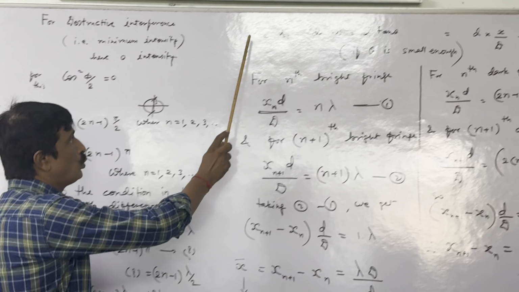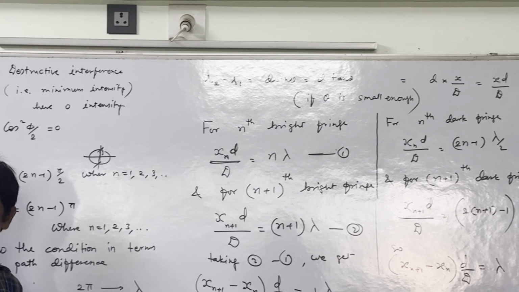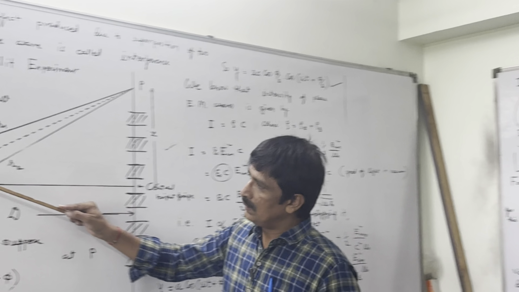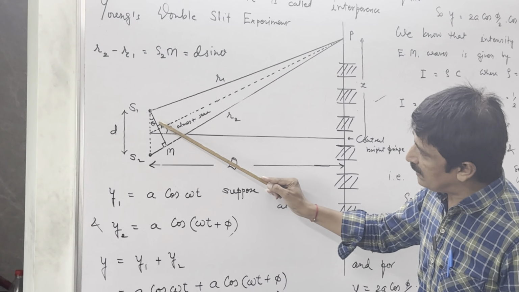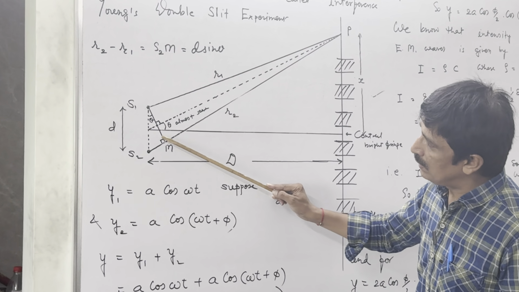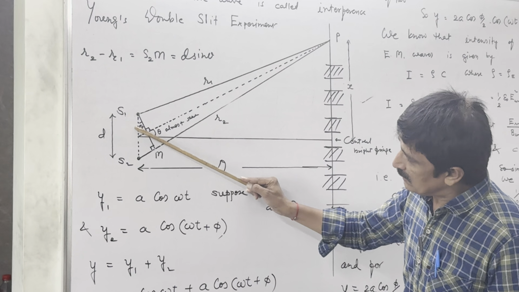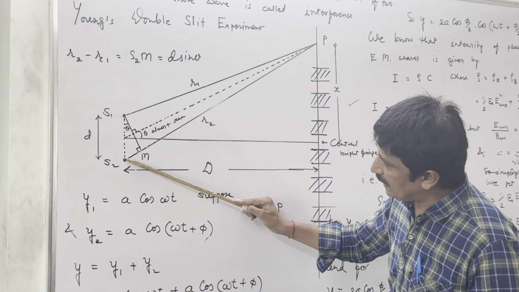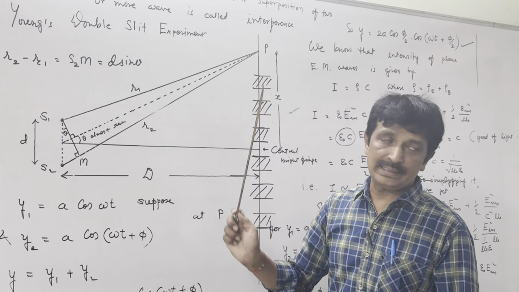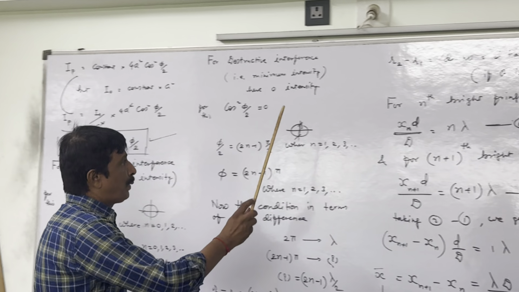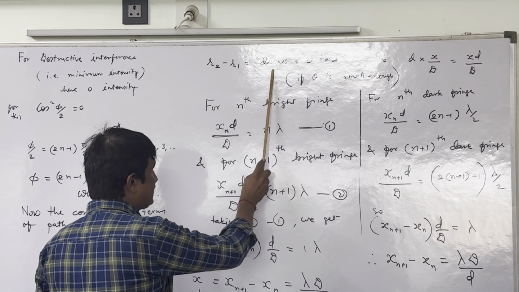Now R2 minus R1, focus here, this one is the path difference. This angle theta and this theta are almost equal. So considering this triangle, sin theta is S2M by d, so S2M is d sin theta. So the path difference R2 minus R1 is d sin theta.